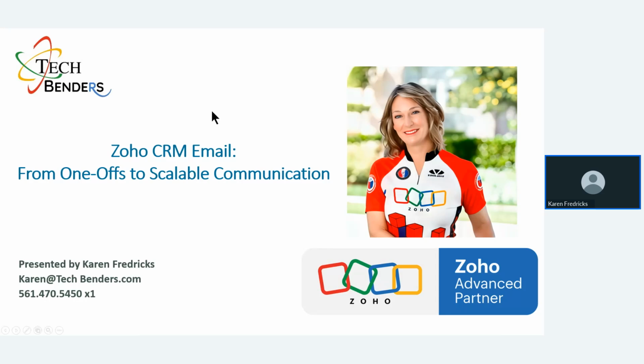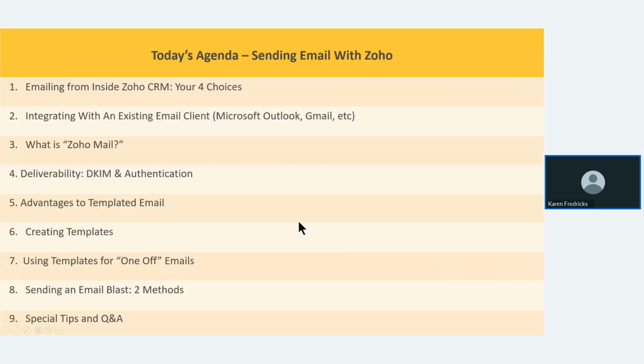So here we go. So here's today's agenda, and I got a lot. We're going to talk about different ways that you can email from inside Zoho. You've got about 4 choices. We're going to talk about integrating with an existing email client. We're going to talk about what is Zoho Mail. We're going to talk about deliverability and DKIM and authentication, my least favorite topics.